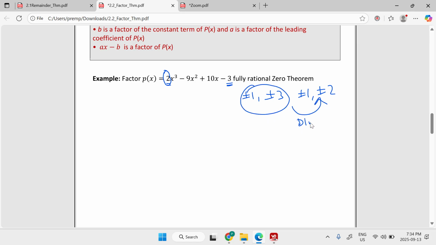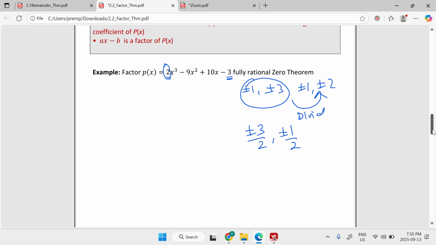So I should also try plus and minus 3 over 2. That's the only additional factor that I have. Otherwise plus and minus 1, and from plus and minus 1 we are getting plus and minus 1 over 2. So those are additional factors that we should try when the leading coefficient is not 1 and all other coefficients are integers.